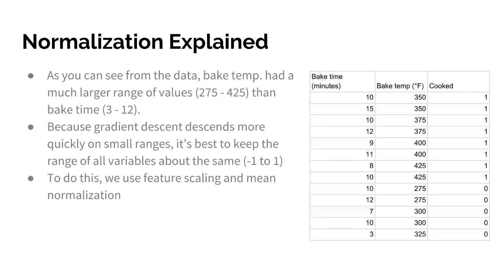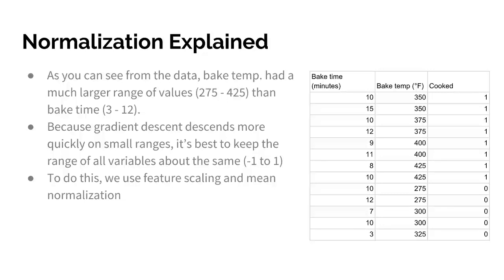And so when computer scientists did machine learning, they basically noticed that gradient descent descends more quickly on small ranges and ranges that are similar to each other. And so between features, we want to have the features fit into the same range as each other. That's why we use a concept called feature normalization in order to do that.